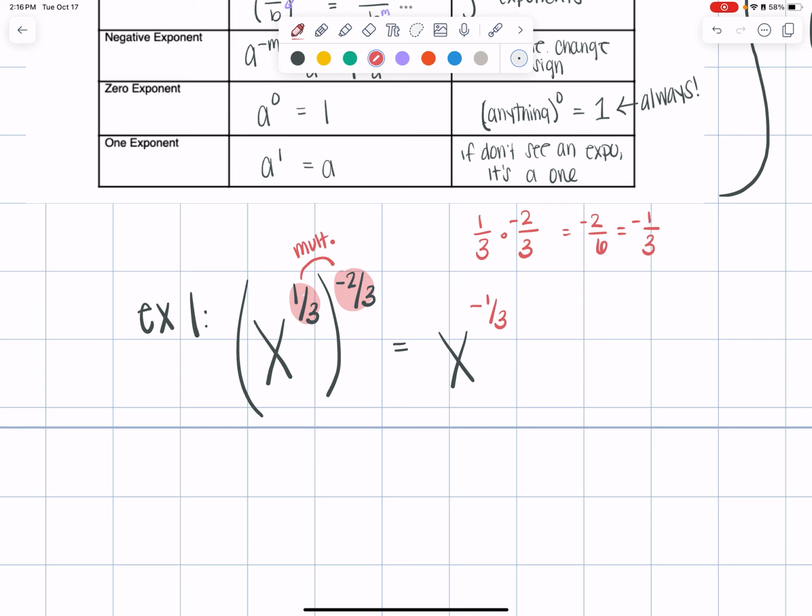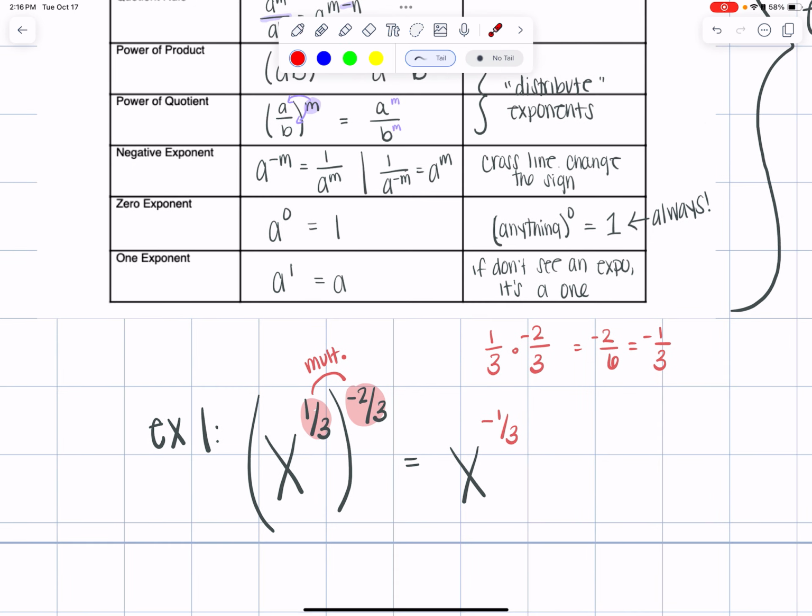And so I'm going to have x to the negative 1/3 power. Now I'm not quite done. All of my exponents have to be positive, and that's part of simplifying that. If you have a negative exponent, you do need to make it positive, and the way that I do that is here with this negative exponent rule. So we're using this left side because the negative exponent is currently on top. There is no number, but I could write that as over 1.